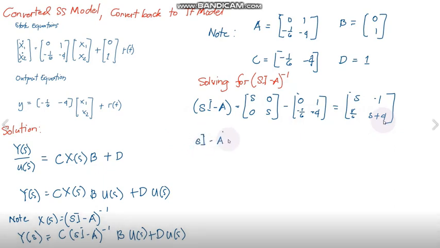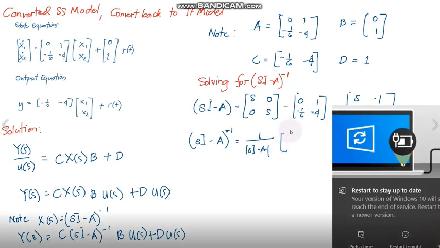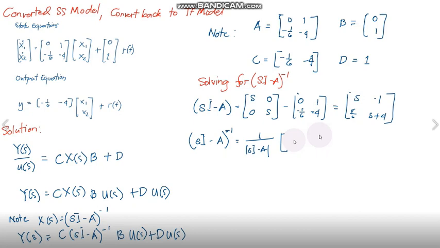Now, to take the inverse of sI minus A, that is equivalent to the adjoint of the matrix over the determinant of the matrix. So this is the determinant, and then solving for the adjoint.